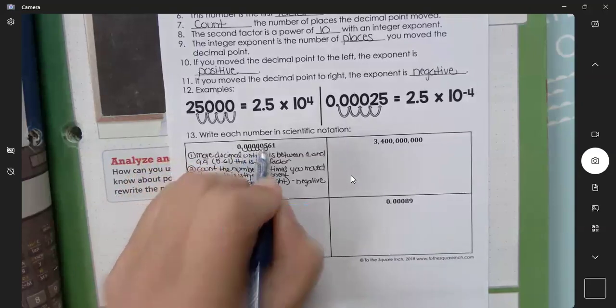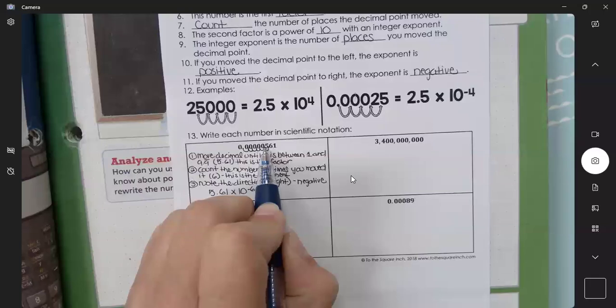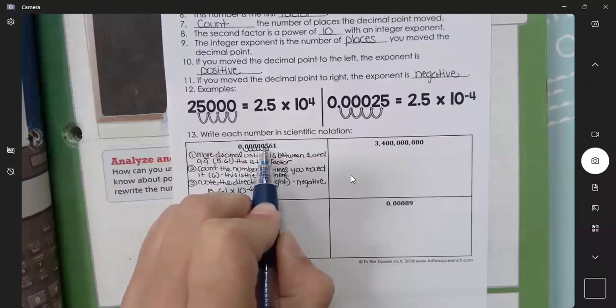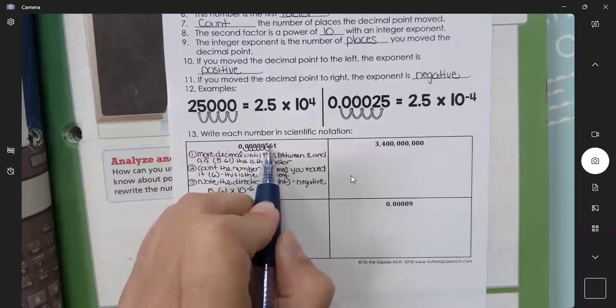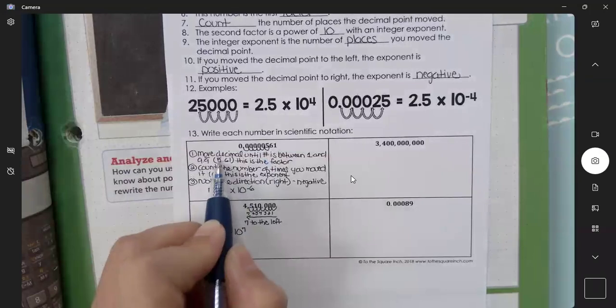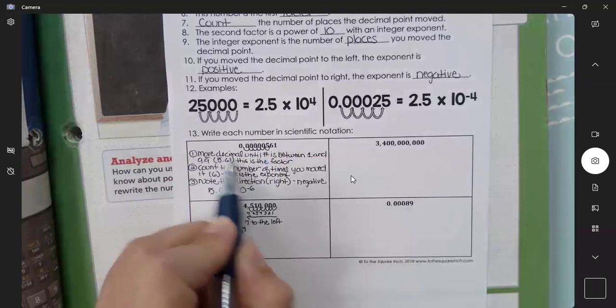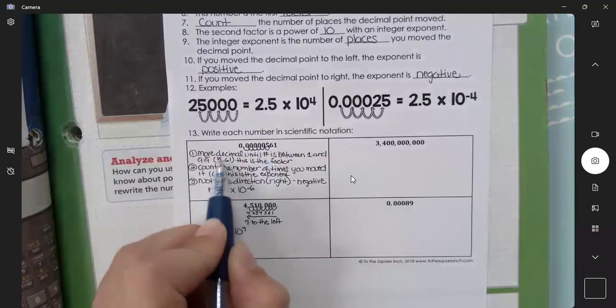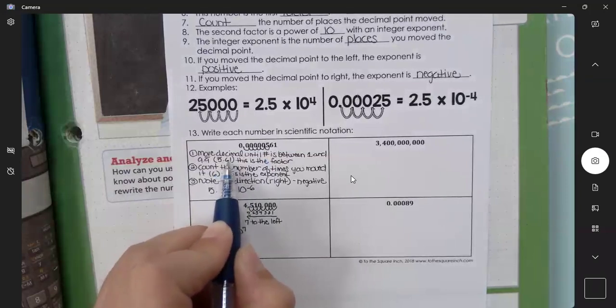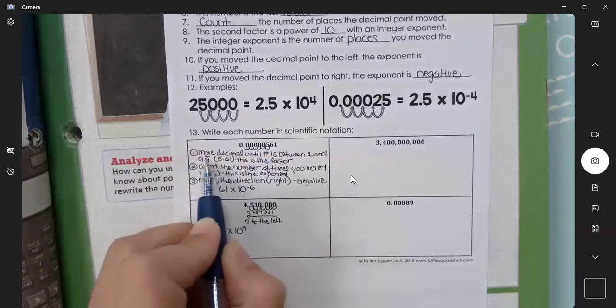Remember in the last example, I said we can't stop here because this number is not more than 1. We had to go one more place value. 5 is in between 1 and 9.9999999. So 5.61 is what we're going to keep. That's the factor.